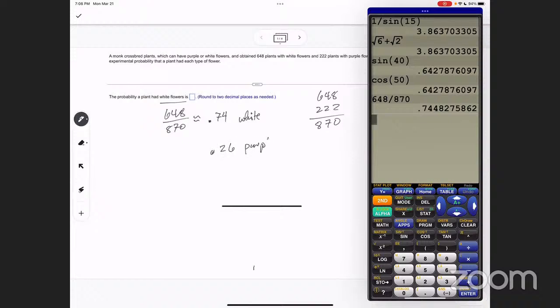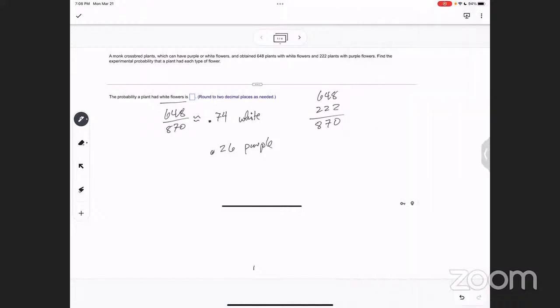Yeah, good job. And just to show you that that's true, punch that in, and voila. If you round it, you'll get 0.26. That's pretty nifty. The entire probability always adds up to 1, which is 100%.